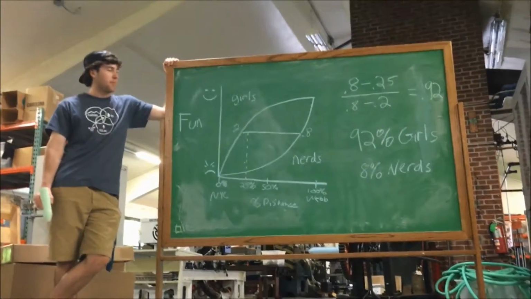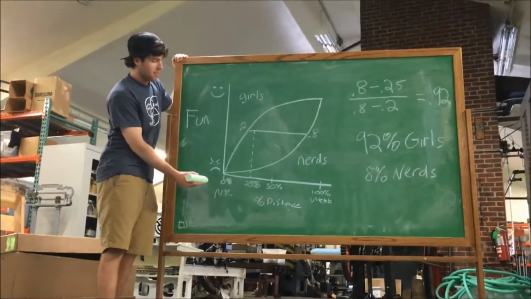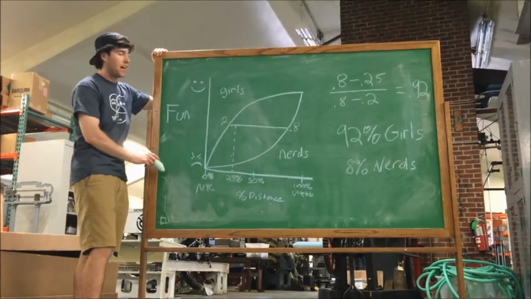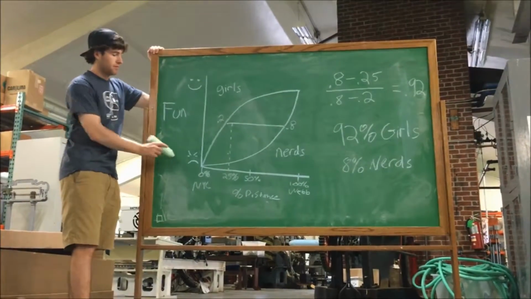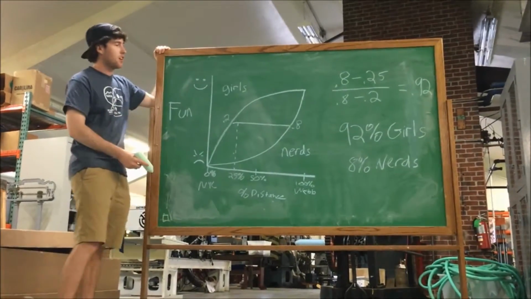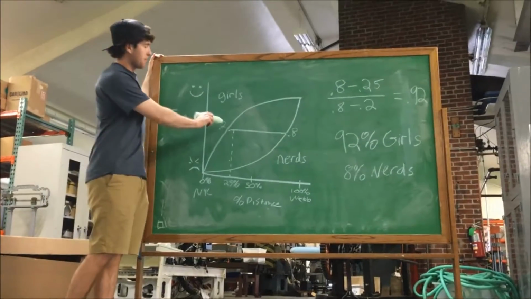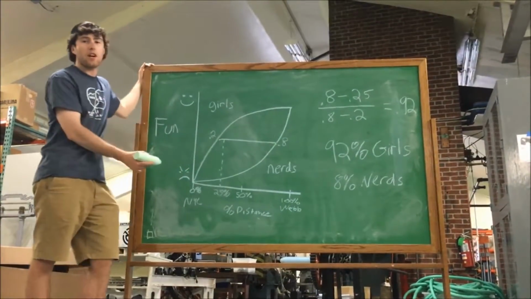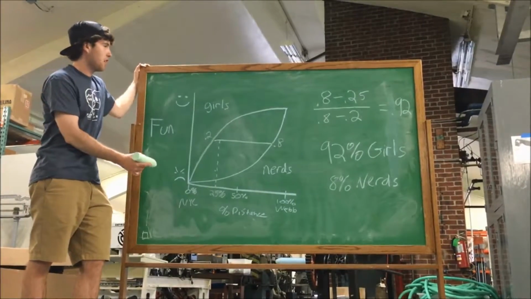In this phase diagram, we have on the x-axis the distance from New York City to Webb in percent distance, and on the y-axis we have amount of fun, not so much to a lot of fun. So we draw a tie line at around a moderate amount of fun, and let's say we're 25% of the way from New York to Webb.